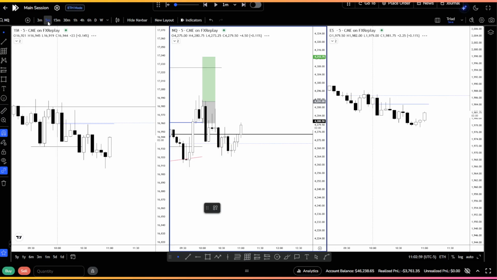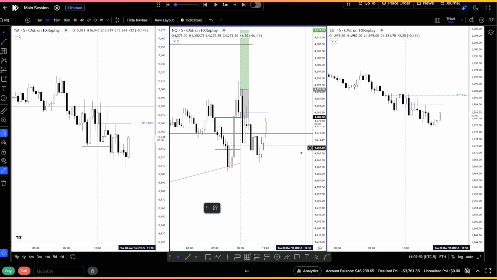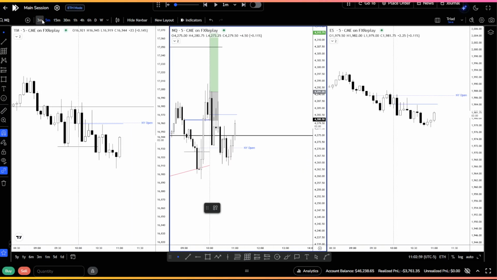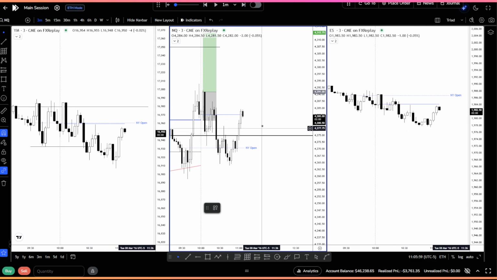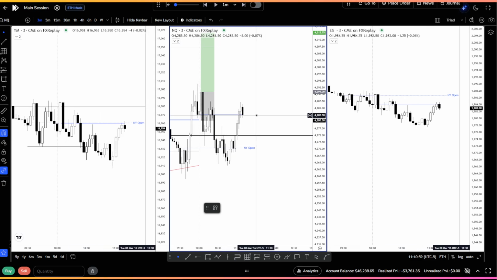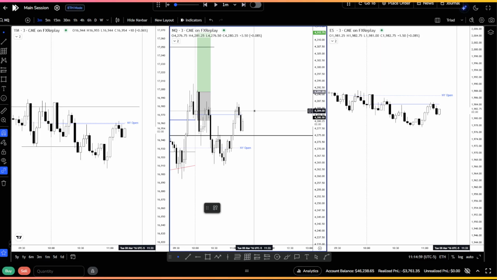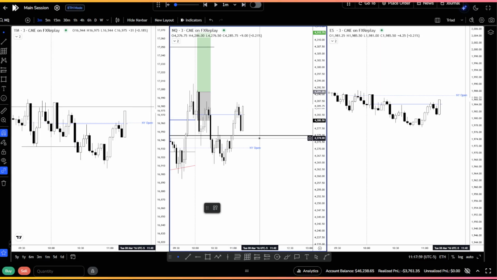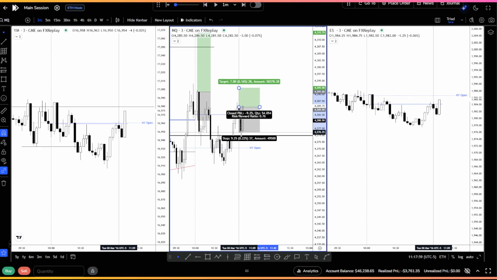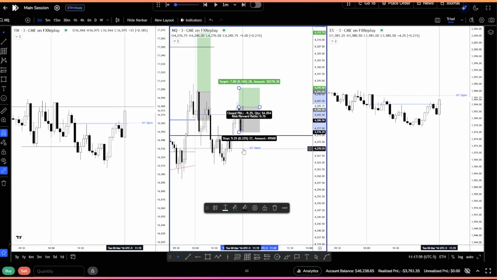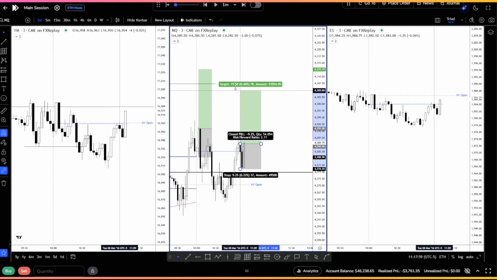C2, this can be C3, V-shape reversal. I will take the next C continuation if it closes here. Yes. What time is it? 11:15.